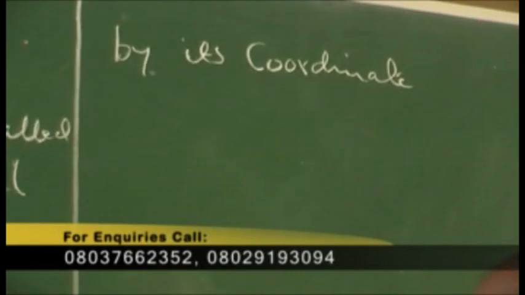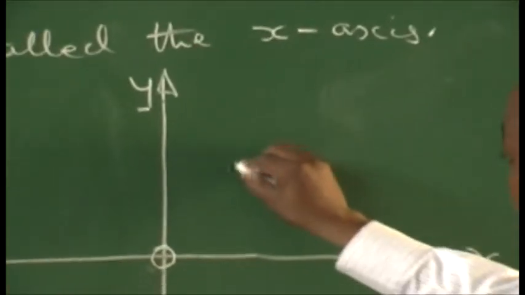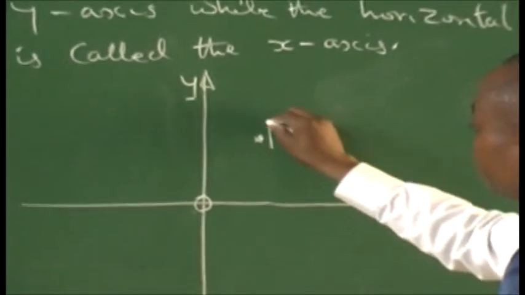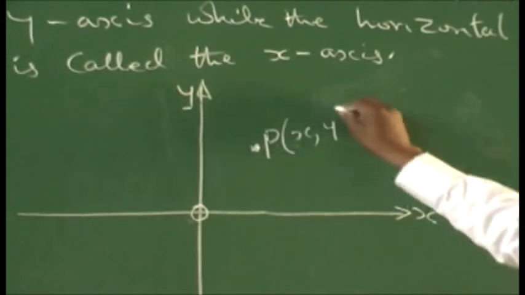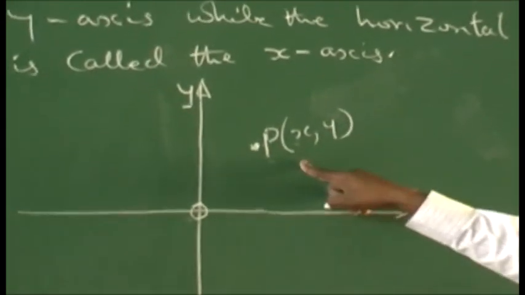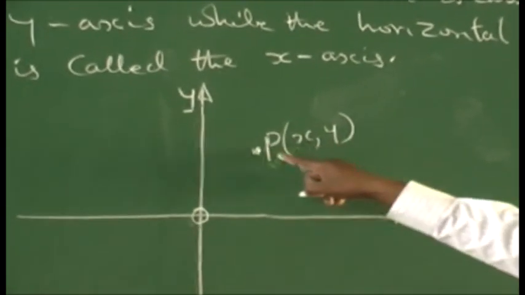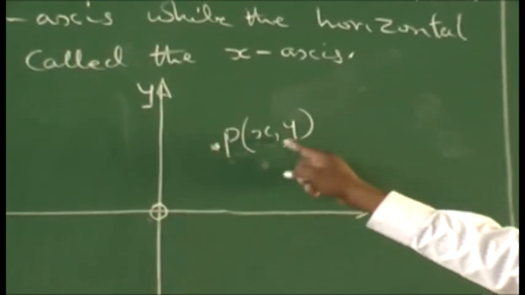It's what we call coordinates. For instance, if I have a point on this plane, call this point P, then I have x, y. It means that the coordinate of P is this one, x, y.